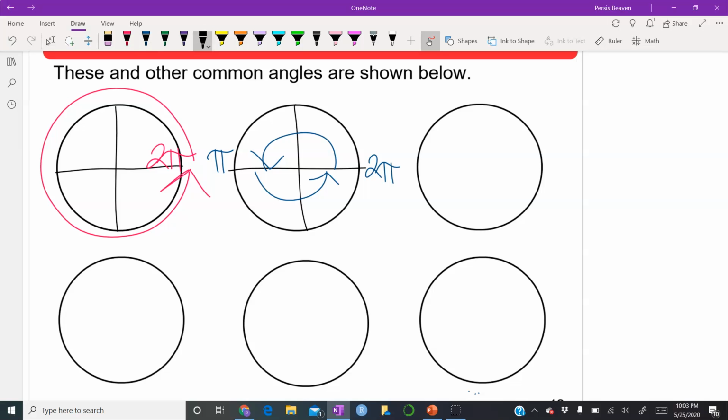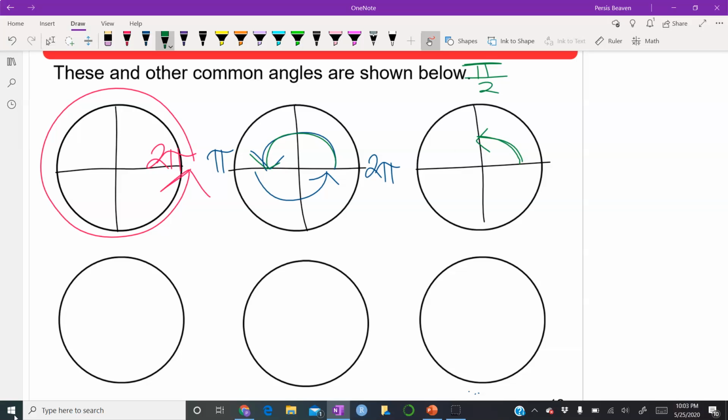Next one. We start here, positive x-axis, and we just go in this direction. And so that will be half of what this one was. So half of pi will be pi over 2. So a quarter of a circle is equal to pi over 2.